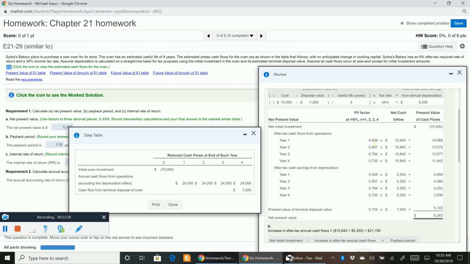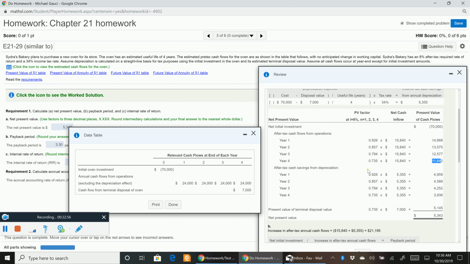Once again, if you go to the present value of a dollar table, 8% column, period 1, the factor is 0.926, period 2, 0.857, period 3, 0.794, and period 4, 0.735. You multiply them by the net cash inflow after taxes. Here are the present values for all that.